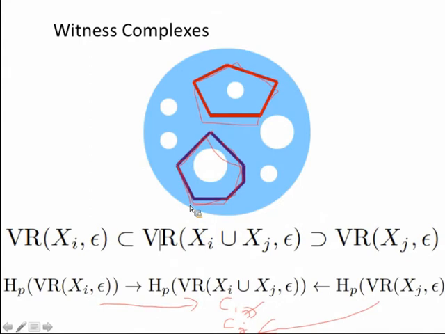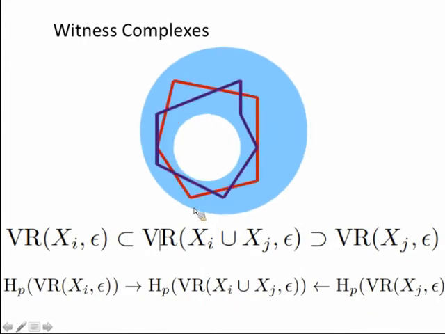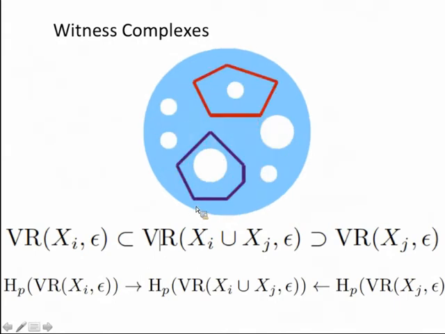It didn't persist over my various choices of witnesses. So we would say that this cycle might be more meaningful than these cycles. And so this can be used to determine whether or not you've got a good choice of witness complexes and what your cycles mean in terms of your witness complex. Any questions there?